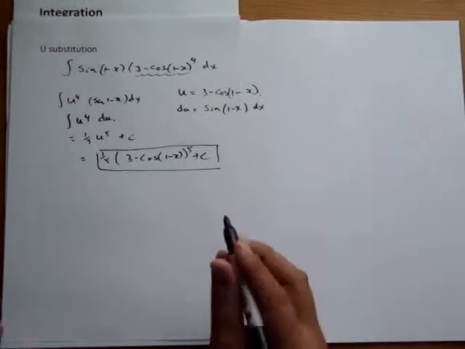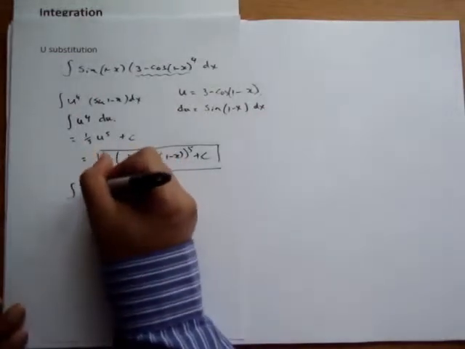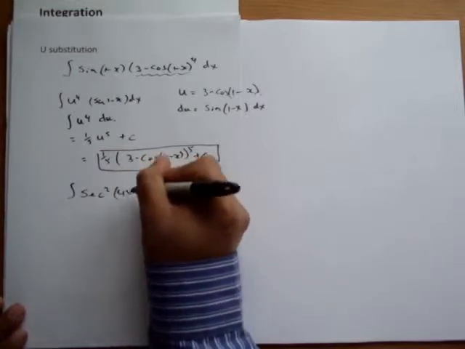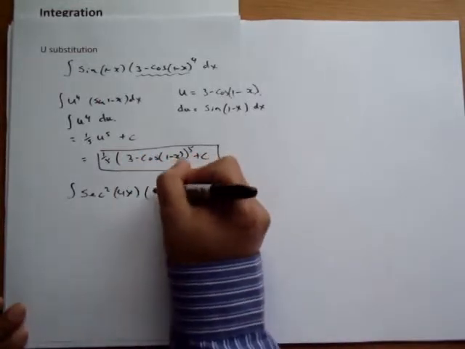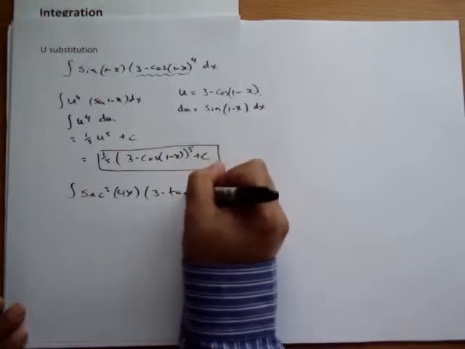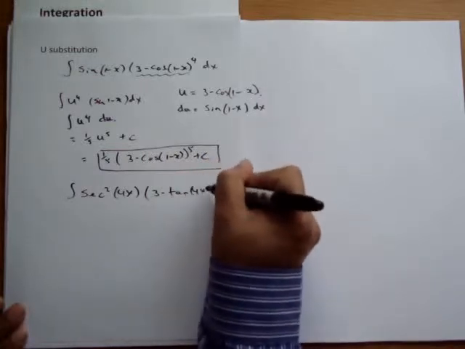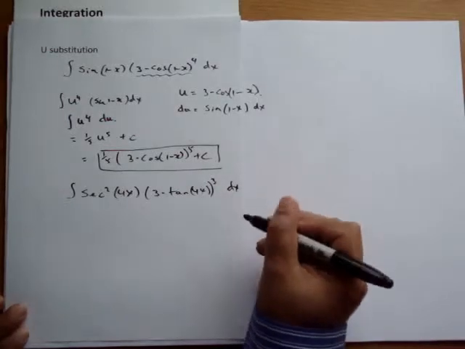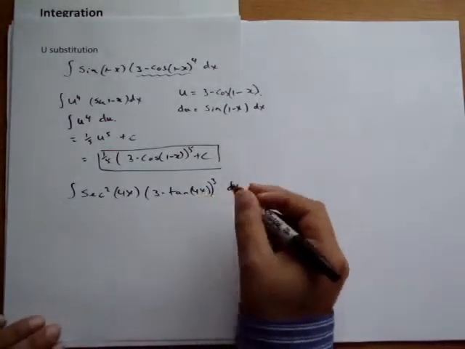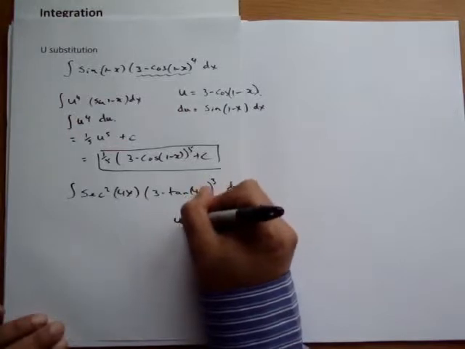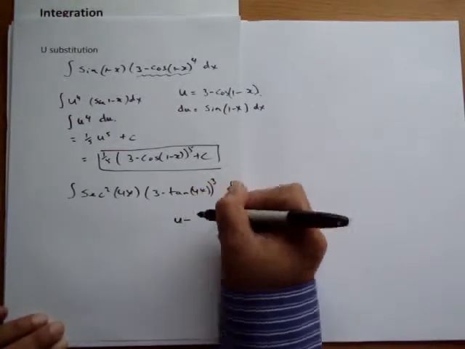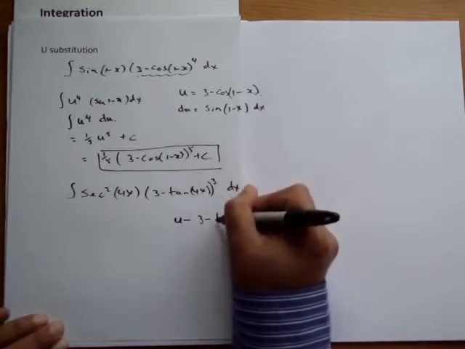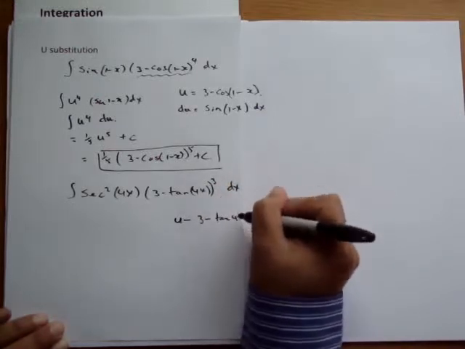Let's have a go at another one. The integral of sec squared 4x times 3 minus tan 4x to the power 3 dx. Let's choose our u to be what's in brackets, usually we always choose what's in brackets, so this would be 3 minus tan 4x.